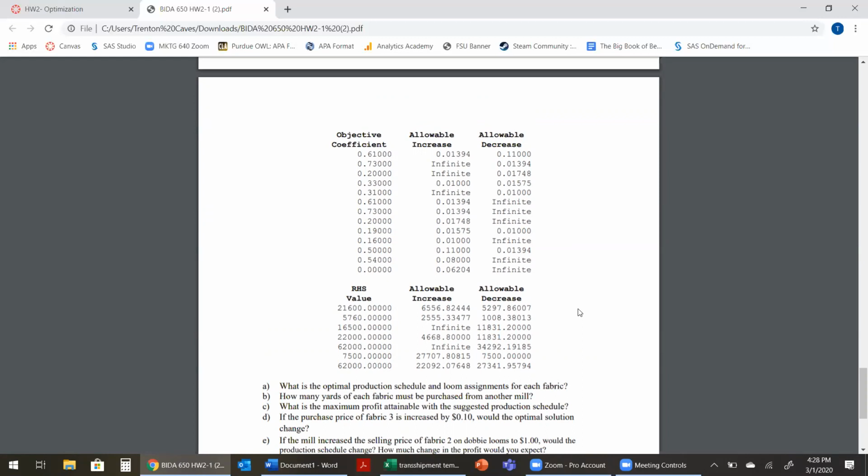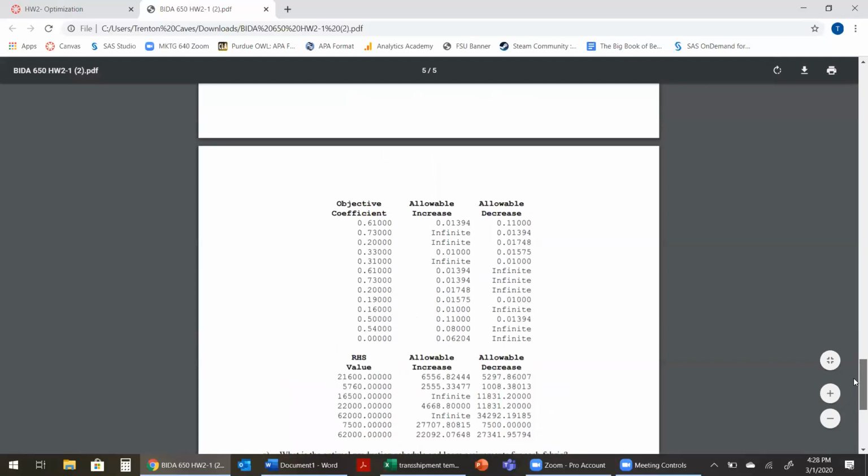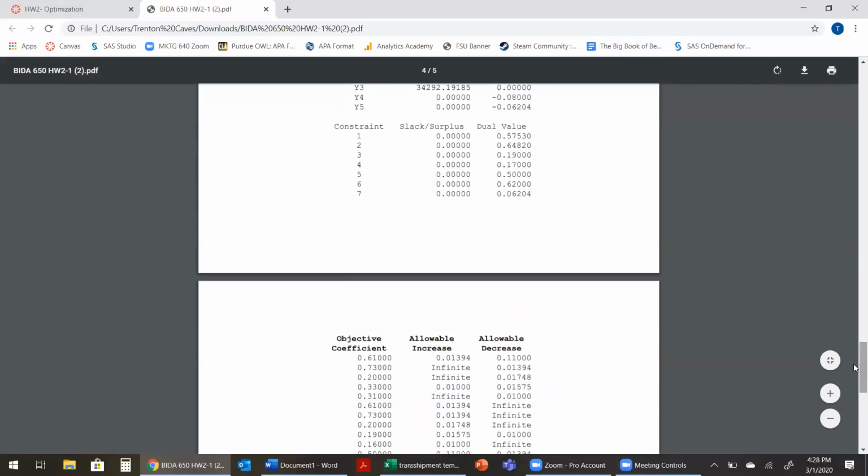So that also leads into question J. If the company has to choose only one fabric to promote by additional advertisement, which fabric should they choose and why? If they promote something, it's going to increase the demand, and which fabric has the largest impact on profit based on a unit change of demand.